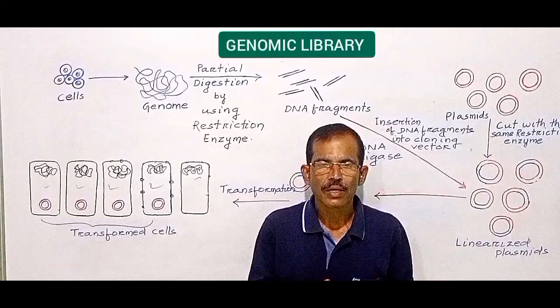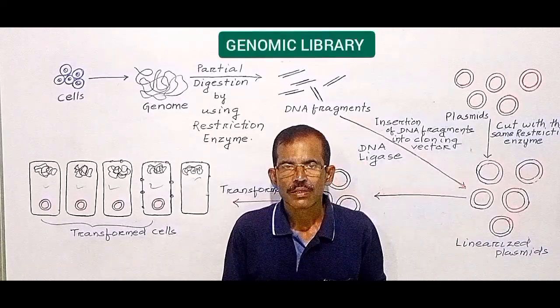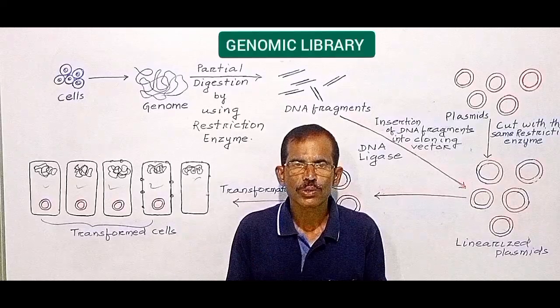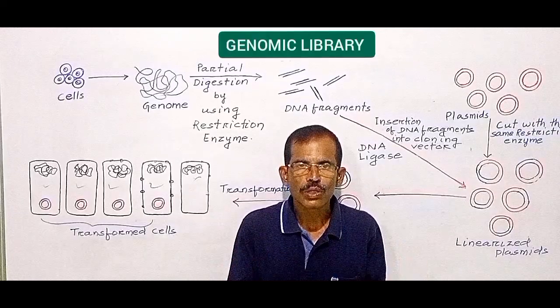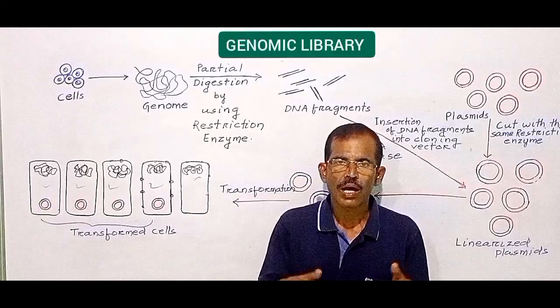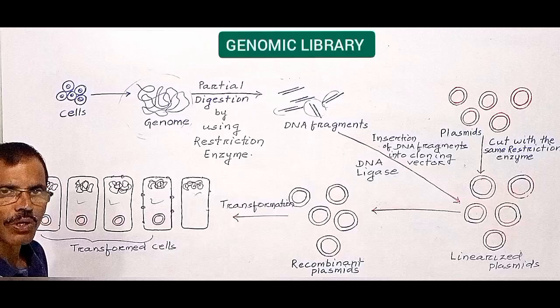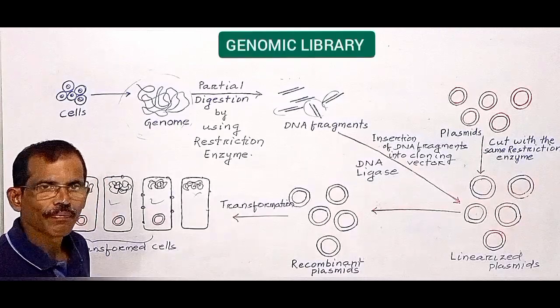Genomic library is a collection of overlapping DNA fragments that are cloned into a population of identical vectors and are stored within suitable host organisms such as E. coli or yeast. Construction of genomic library involves several steps.